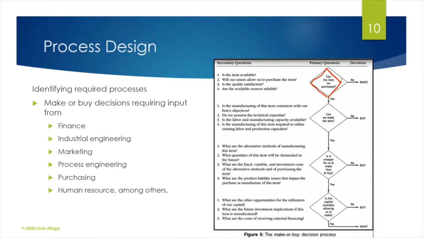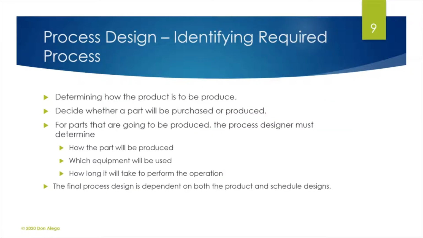So, punta muna tayo sa make or buy decision. Ang process design is how the product is to be produced. And then for the make or buy decision, we will decide whether these components or parts are to be produced or purchased.